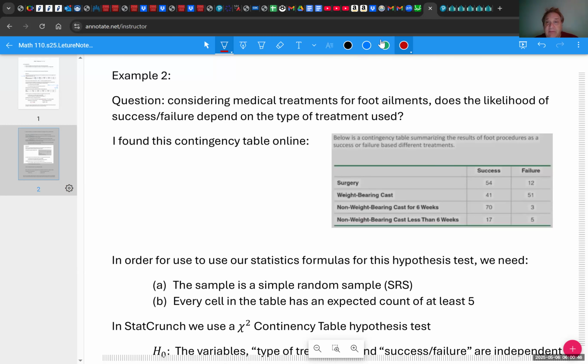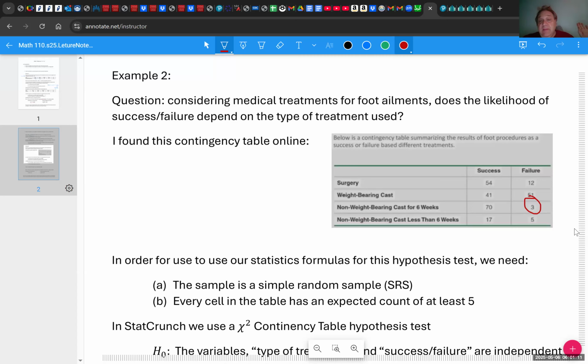Some of you sharp-eyed viewers may have noticed that we have a count of 3 over here. And that is mathematically smaller than 5, right? So on its face that may sound like it violates this Part B requirement that the expected count is at least 5. Remember, this is the expected count, not the sample count.